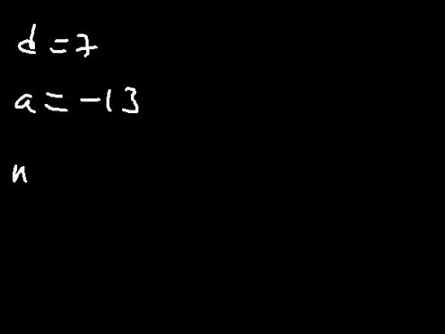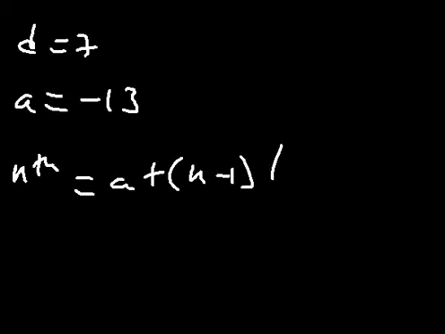So now, since we have the common difference given as 7, the first term is given as negative 13. So what is the formula for the nth term? The nth term formula is given as a plus n minus 1 times d, of which we have the first term given as negative 13 plus n minus 1.